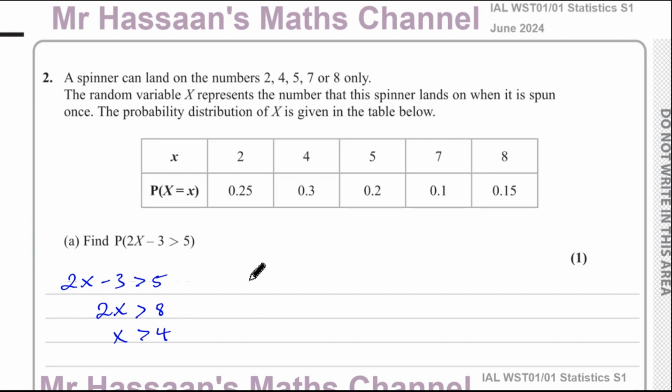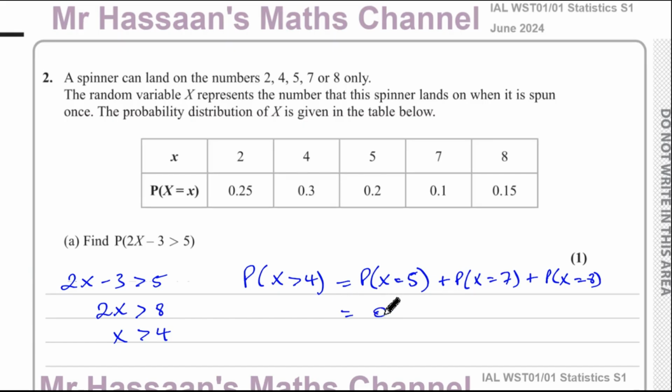So basically they're asking us to find the probability that x is greater than 4, which means you're going to add these probabilities together. It means the probability that x can be 5 or 7 or 8. I'll just write this out for the sake of explanation. So it's equal to the probability that x equals 5 plus 7 plus 8.